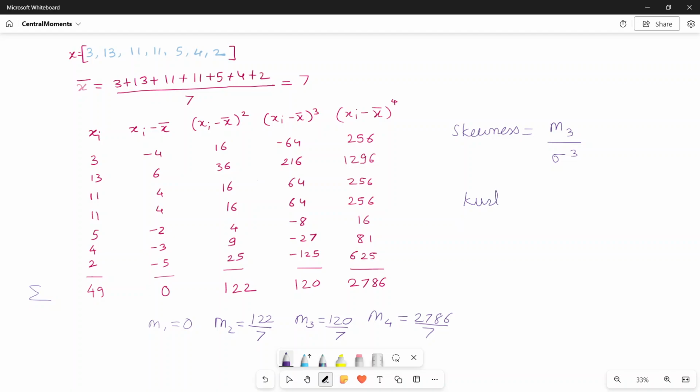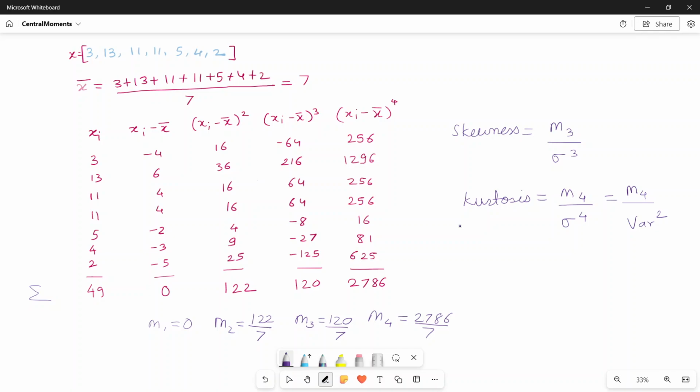And population kurtosis is simply equal to M4 divided by sigma raised to 4. Or you can also say that is M4 divided by variance squared. So therefore, whatever interpretations we studied for skewness and kurtosis also apply for M3 and M4.